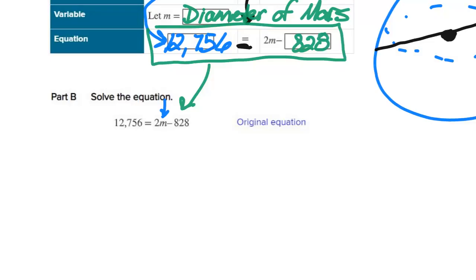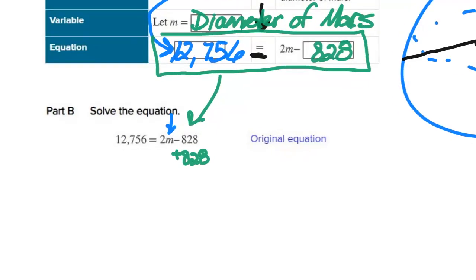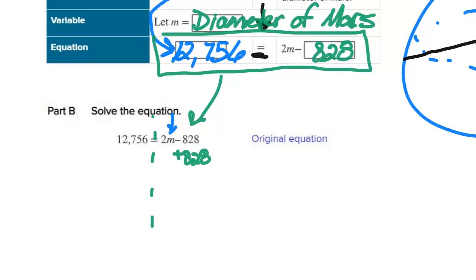So you have to do 12,756 plus 828 equals 2M. Yes, we want to eliminate that subtracted 828 because we want to get the M term by itself. So add 828.